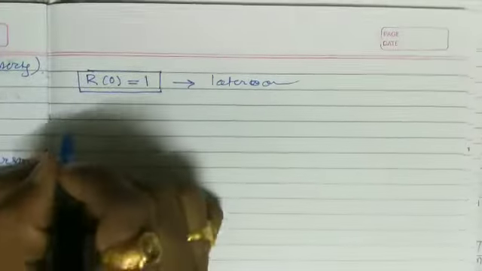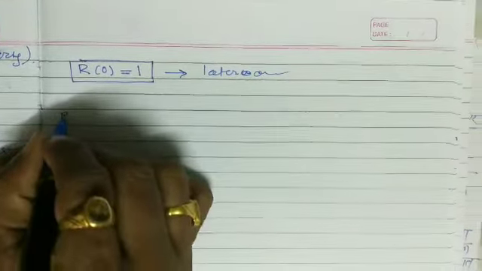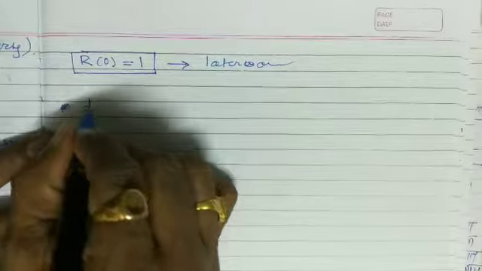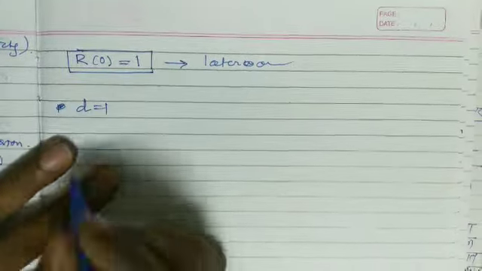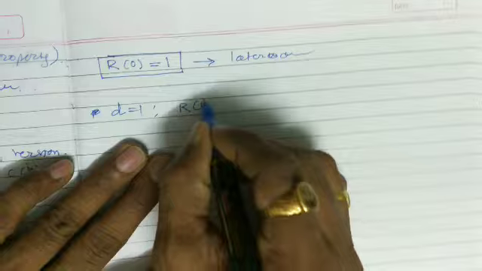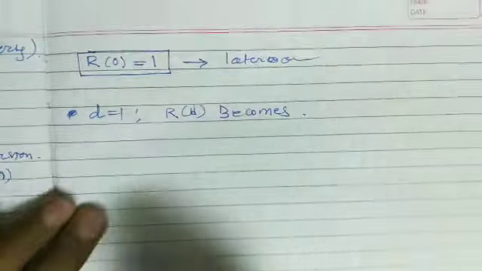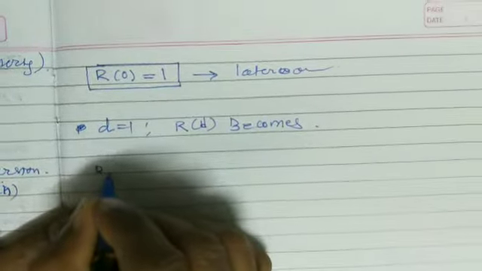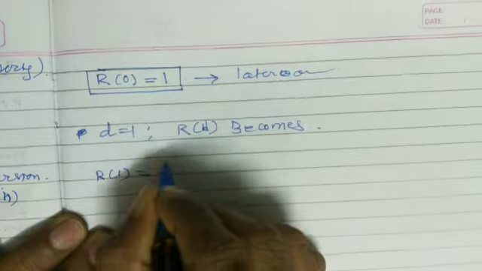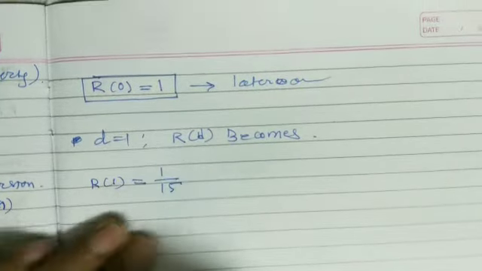Now if we want to find out the value at d is equal to 1, let's see what r of d becomes. It comes out to be r of 1 is equal to 1 by 15 again.